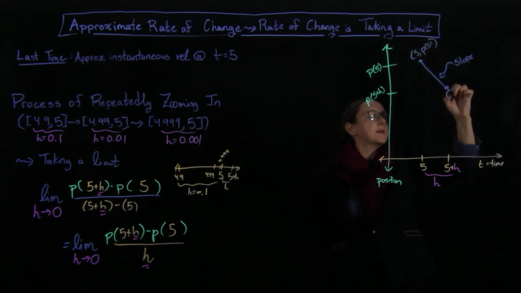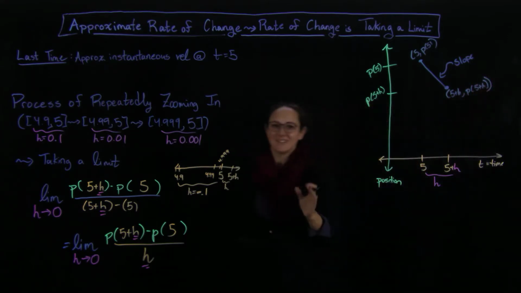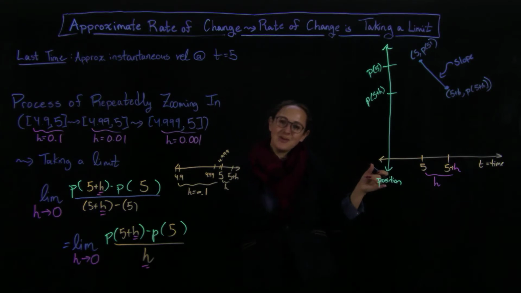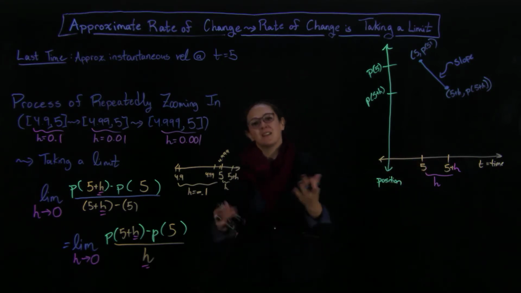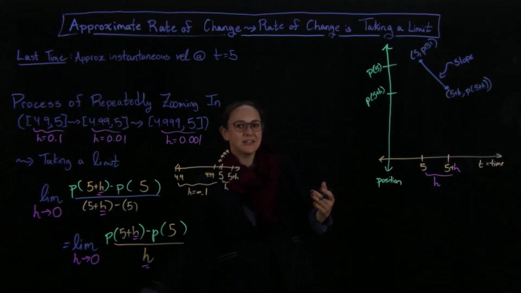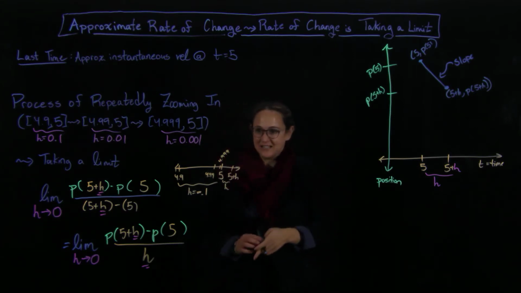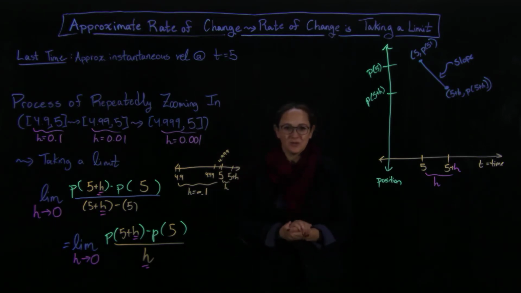This is the point 5 plus h, p of 5 plus h. Just like in the other picture, we're looking at the slope each time as the interval gets smaller and smaller. The slope at that instant is going to give you the instantaneous velocity. As you'll see going through, this will be the derivative, and this formula here will look really familiar.